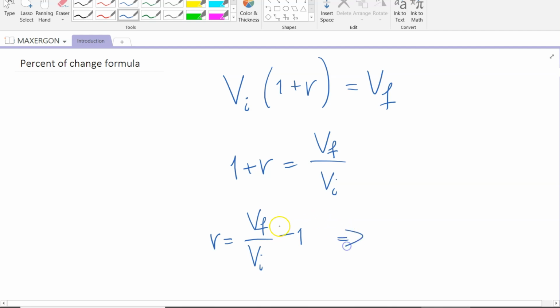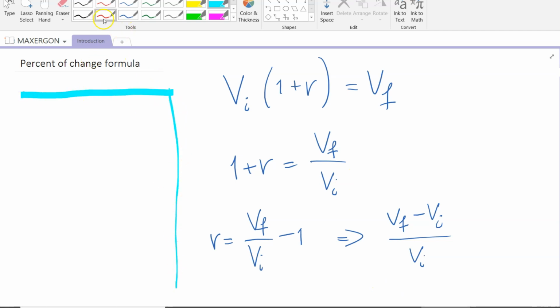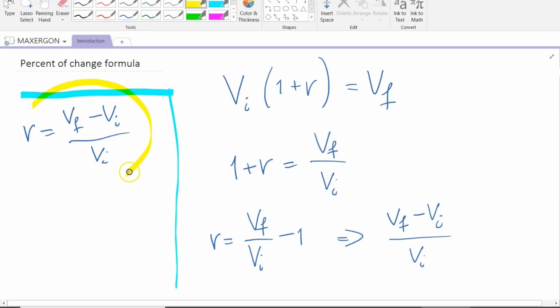And from here, if we find the common denominator, it will be VF minus VI divided by VI. If I now write this formula here, it will be R equals VF minus VI divided by VI. So final value minus initial value divided by initial value.